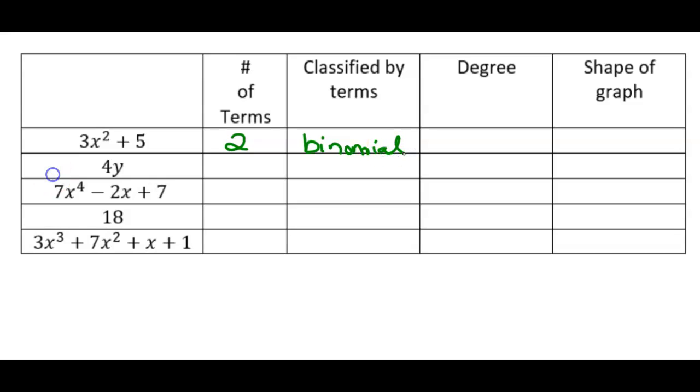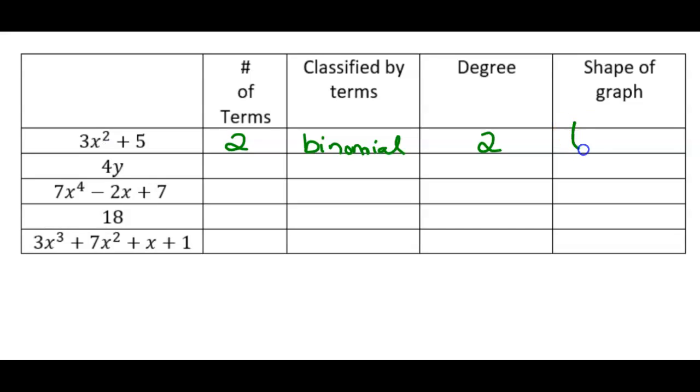How many terms does this have? How many terms does this have? And then I also want you to put down your degree. So the degree for this is 2 because my exponent is 2. So I'd like you to fill in the rest of this chart and then come back and check to see how you did. Do it in pencil.